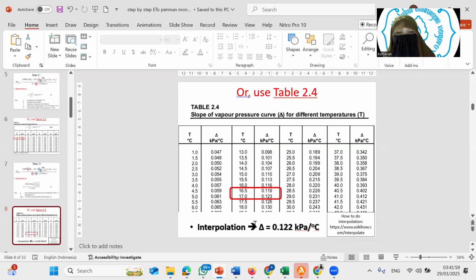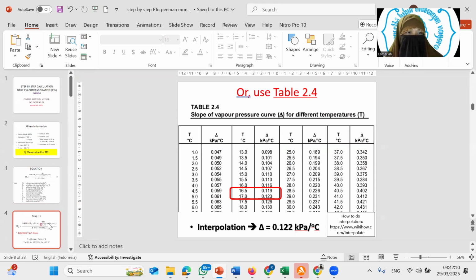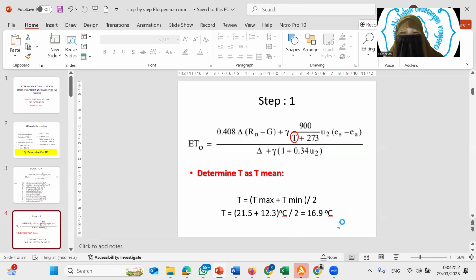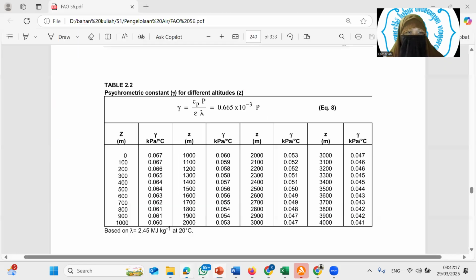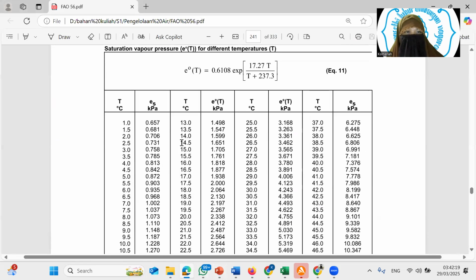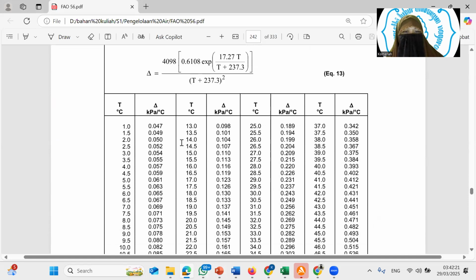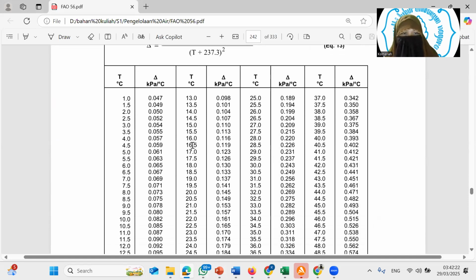The information required to calculate the delta is the T. Okay, this is the T. The T is 16.9. However, in table 2.4, there is no 16.9, but we have 16.5 and then 17.